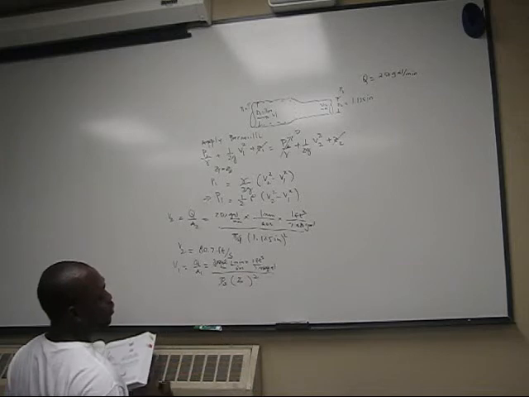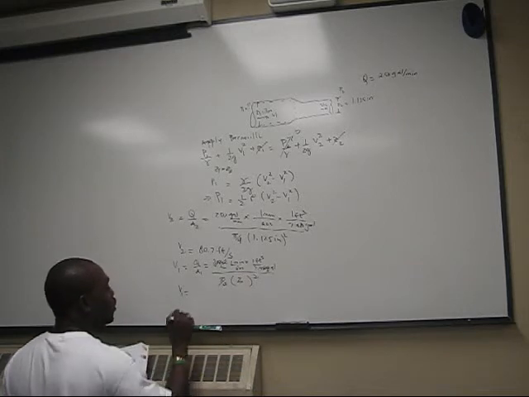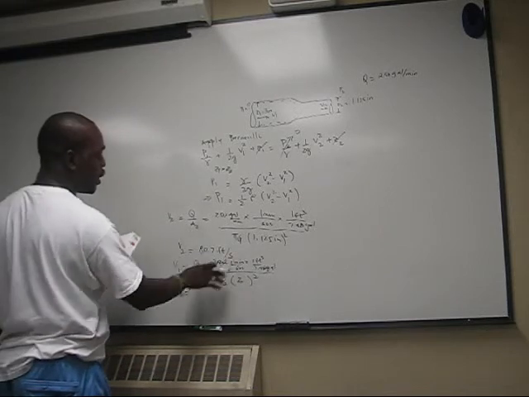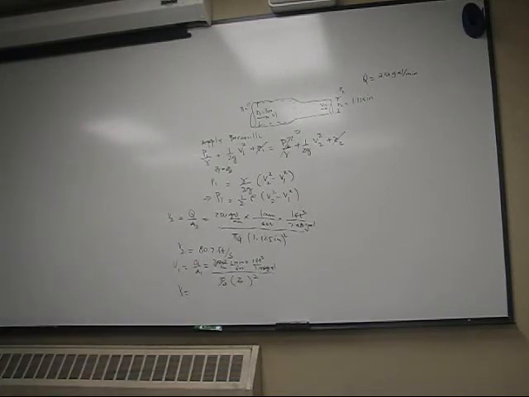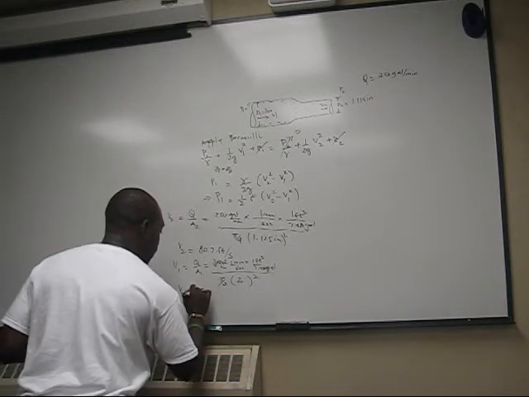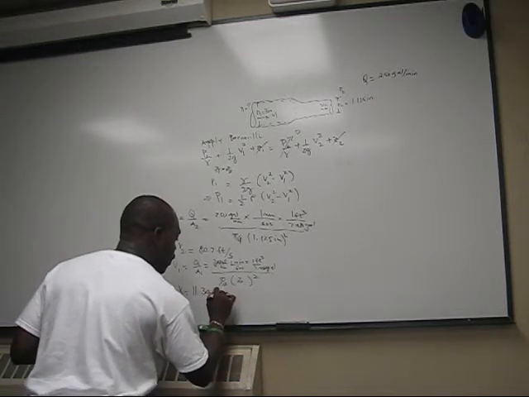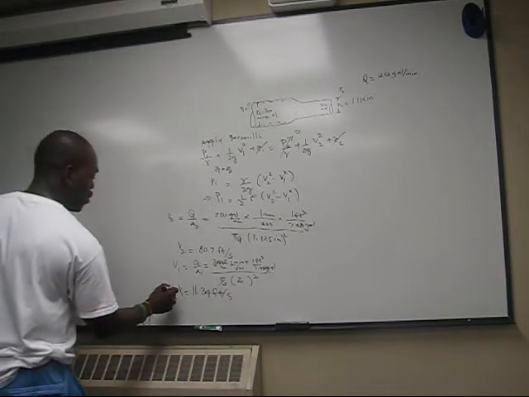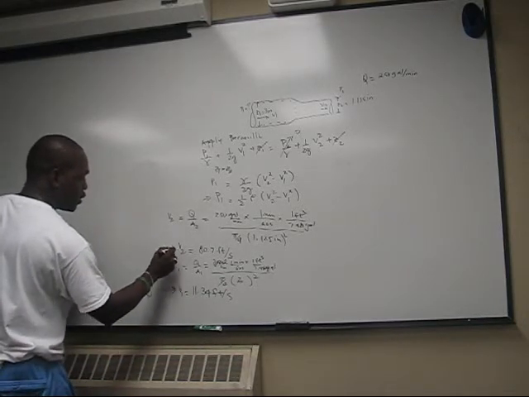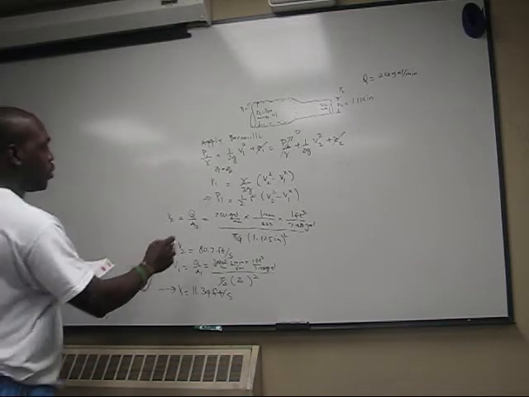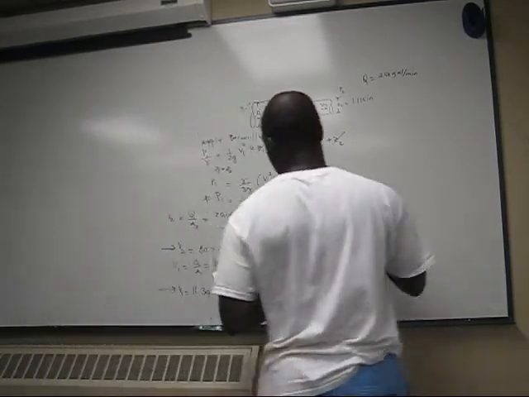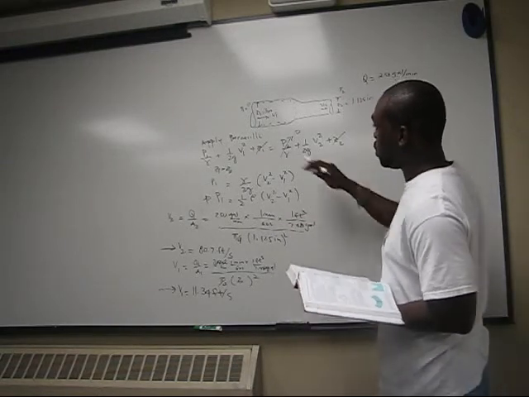We use this one. As you can see, because the area is bigger here, the velocity should be smaller. It turned out to be 11.34 feet per second. So now you have velocity 1 and velocity 2, and you can plug them in here to calculate the pressure.